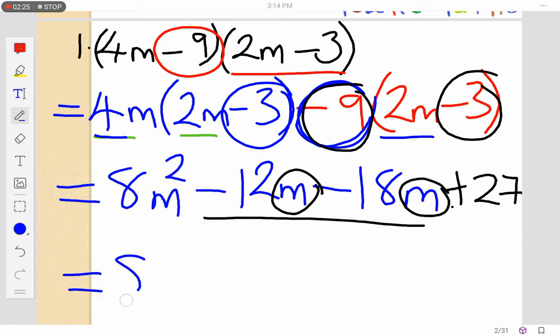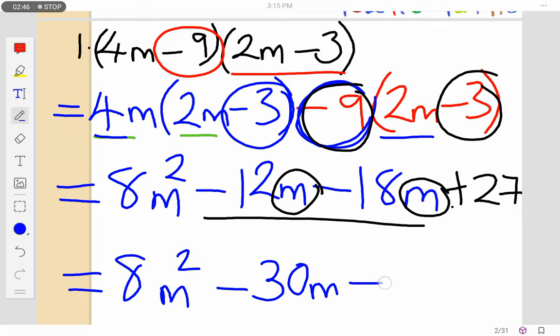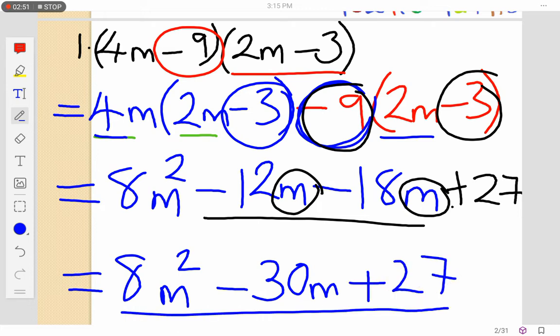So we'll have 8m squared minus 12m minus 18m. What do we get? We are going on the negative side if we are using our number line, so we'll have more and more negative there, so we have minus 30m. Okay, like that. Then we have got plus 27 on the other end. So this becomes our final answer there.